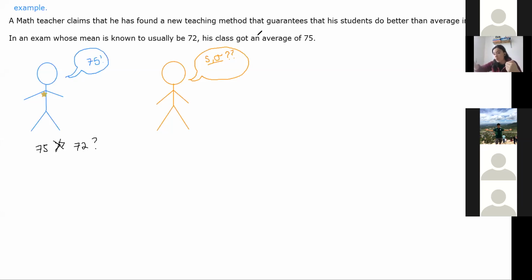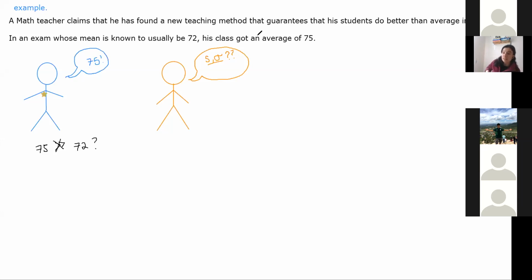It might be quite a bit larger or smaller than 72 because I should expect some variation in the results. Whereas if the results are normally very close around 72, then I should expect the averages for all of the classes to be fairly close to 72, and so 75 might actually be a really impressive score. Does that make sense? I think so, yeah.